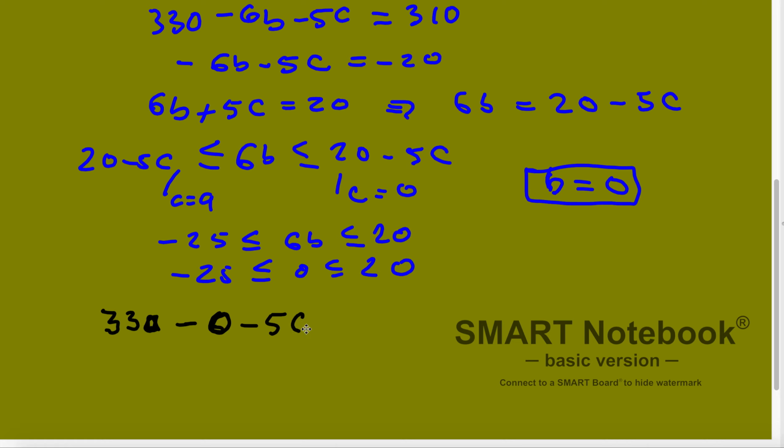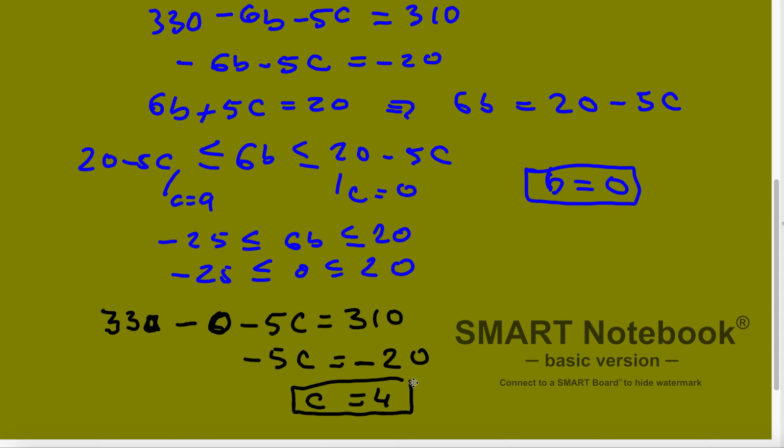Minus 5c is equal to 310. I'm subtracting 330 from both sides, and minus 5c is going to be equal to minus 20. I am dividing everything by minus 5, and c is going to be equal to 4.